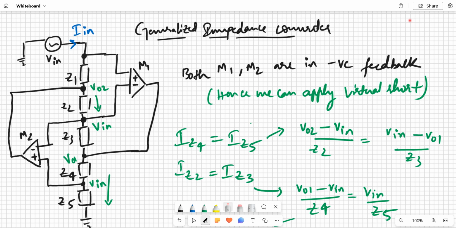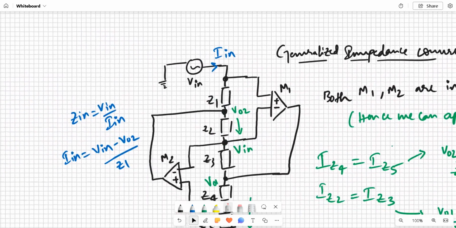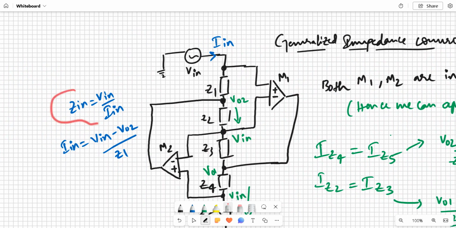The output of op amp 1 is VO1, and the output of op amp 2 is VO2. In order to find the current Iin, we can write Zin as Vin upon Iin.